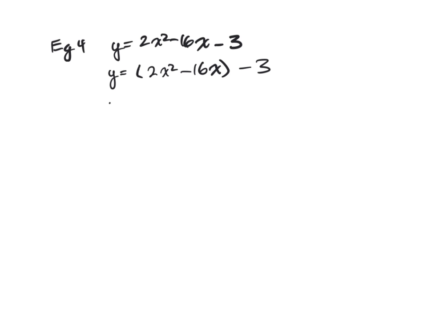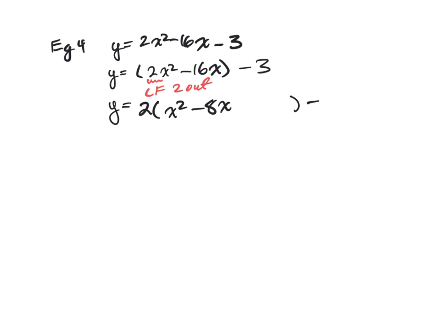So now, let's write this again. We're going to common factor the number 2 that's sitting on the x squared out. So now you're going to get the following: 2 bracket x squared minus 8x, right? And then we're going to put a big enough space so we can add and subtract the number that we're looking for.